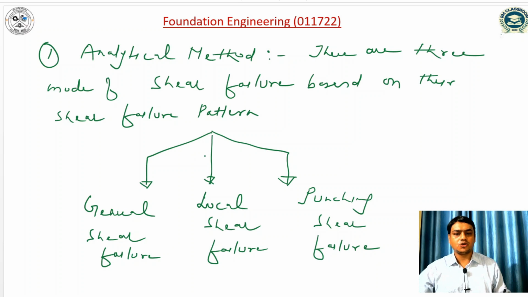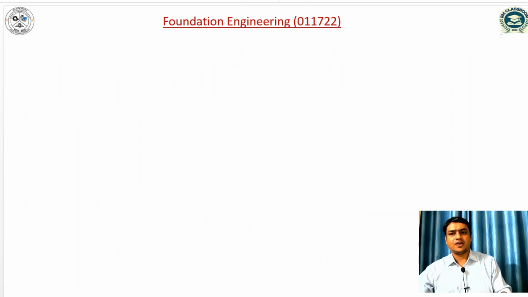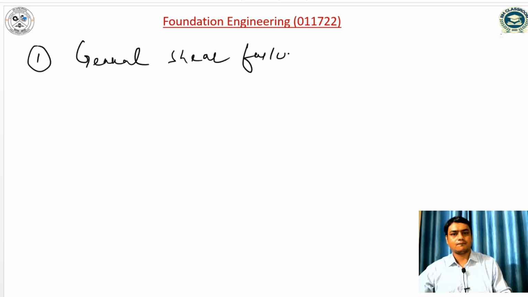So these are the three modes of shear failure. The first one is general shear failure, second one is local shear failure, and third one is punching shear failure. So firstly I will discuss what is general shear failure.